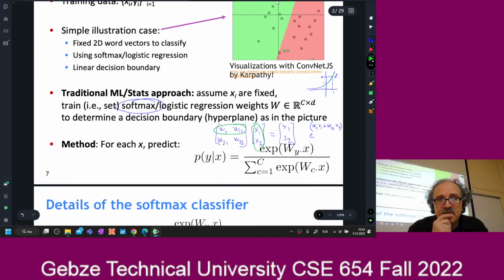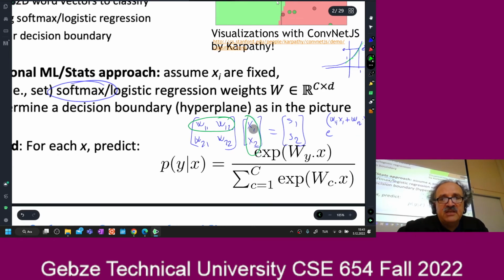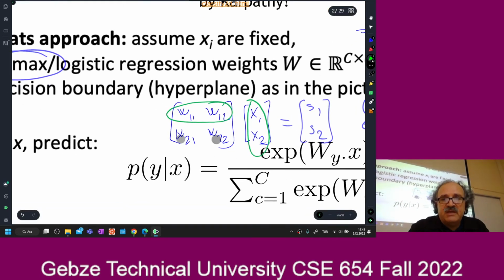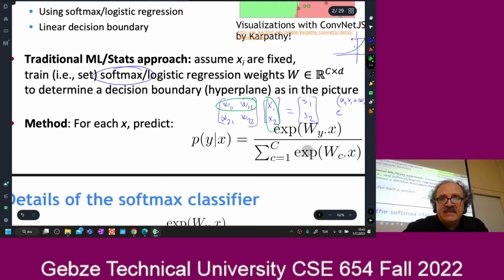So we show this whole thing. Given a feature vector, a car's price and age, multiply it with these four numbers, get these scores, and put these scores inside this formula.